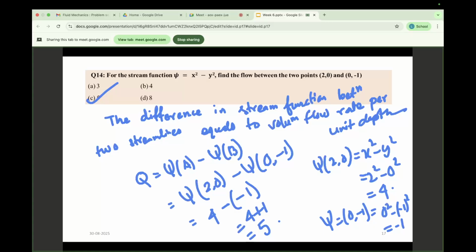Whatever numerical we are solving today, if there are similar types of questions provided in the assignment, you can go through this and compare both. You will get the idea of how the question is framed and how you should approach a problem.